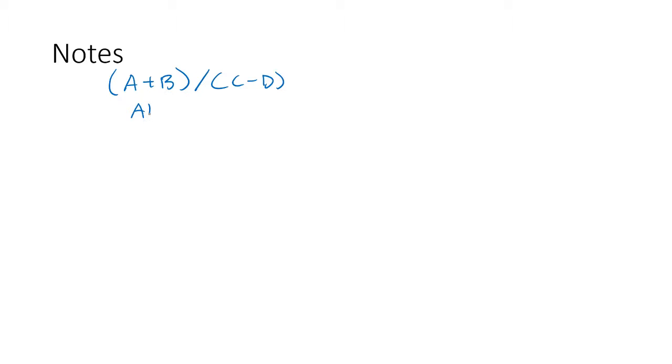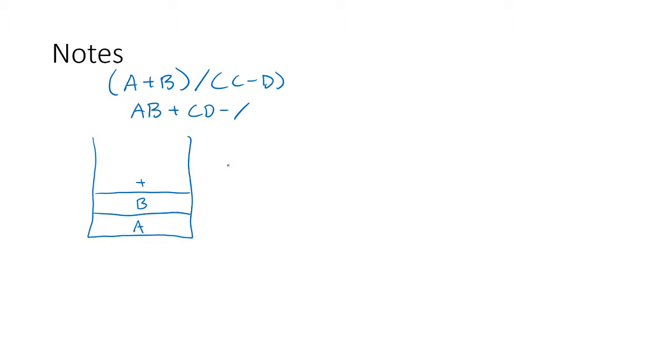And to make it postfix, it would be A B plus, C D minus, and then division. We started from the left, went to the right, and utilized what we call a stack. So A, B, and plus, so then we would go plus, second operand, first operand, depending on what I pop off first. And we put that back into the stack.